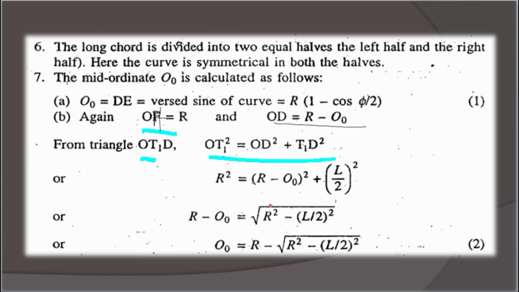So either way you can square it or you can have it remaining there. Here they did a square of that, which can be done. So here we have R minus the origin squared is equal to the square root of R squared minus L over 2 squared.